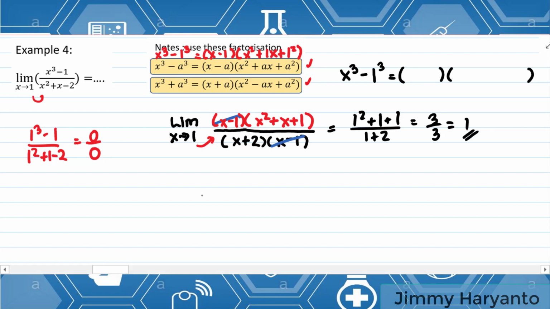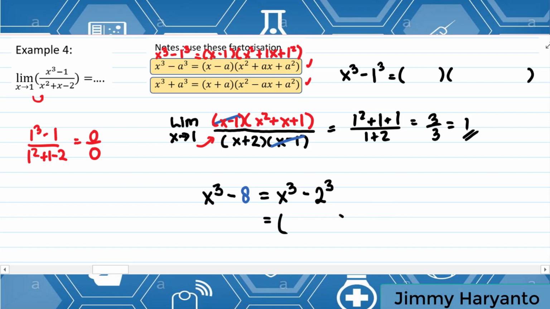What if the question is like this, x cubed minus 2? So we will have to change this one into x cubed minus, not 2, minus 8. x cubed minus 8. When you have this question, x cubed minus 8, it will be x cubed minus 2 cubed, because 8 equals 2 cubed.